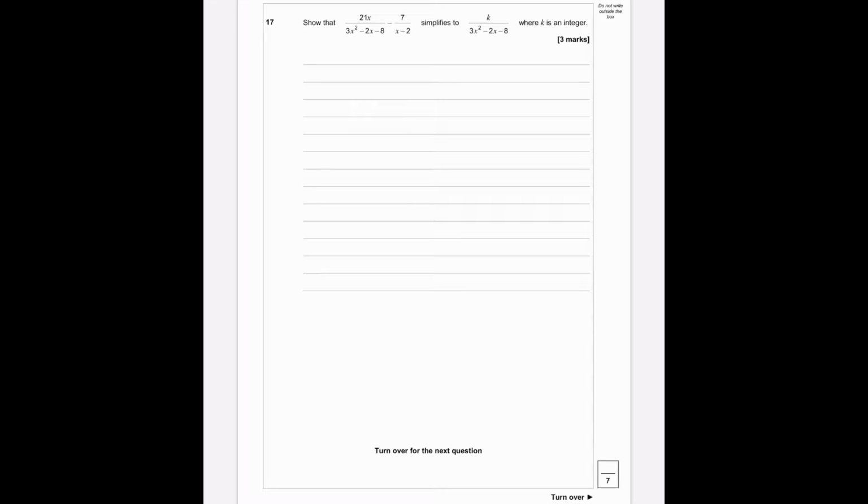Okay, subtracting algebraic fractions. Always go for the lowest common multiple when working out our denominator. By factorising the first fraction's denominator, we notice we actually already have an x minus 2 in there, so I only need to multiply the second fraction by 3x plus 4 at the top and the bottom to get a common denominator.